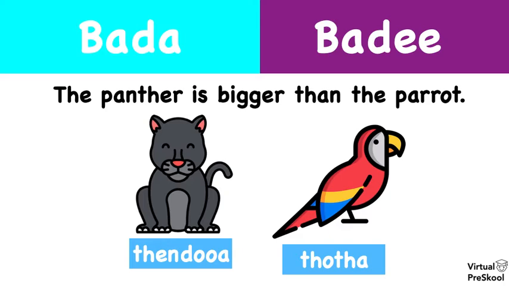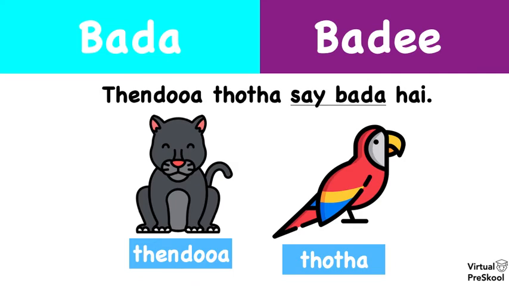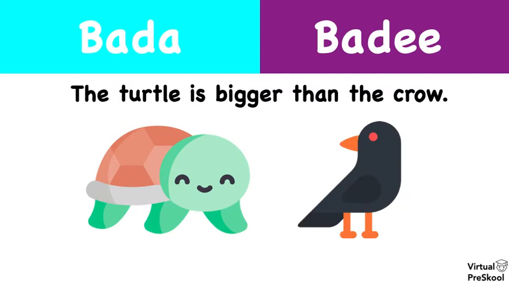So would that be a bada or a badi? It would be bada. So now put the sentence together. How would we say the panther is bigger than the parrot? तेंदुआ तोता से बड़ा है.